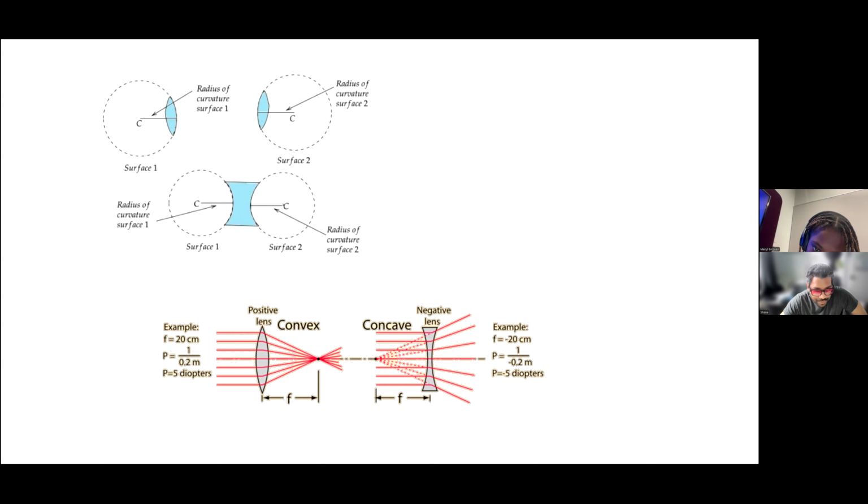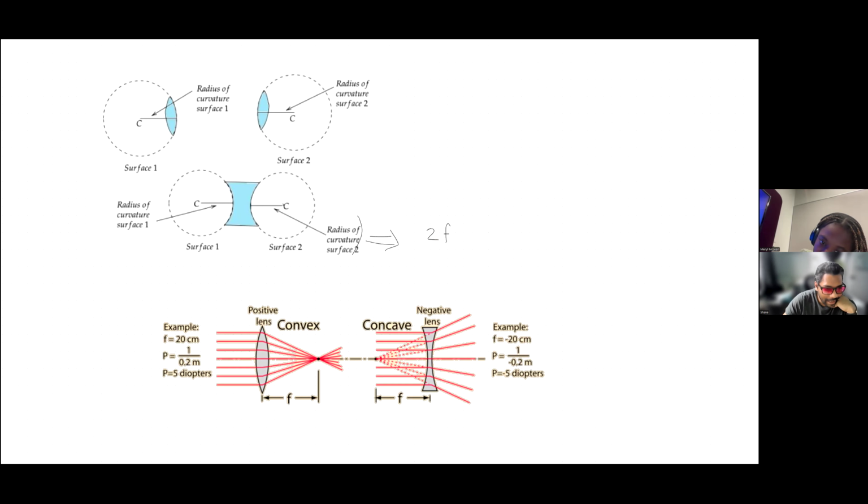Your radius of curvature is equal to 2f. So half of the radius of curvature is the focal length. Okay.